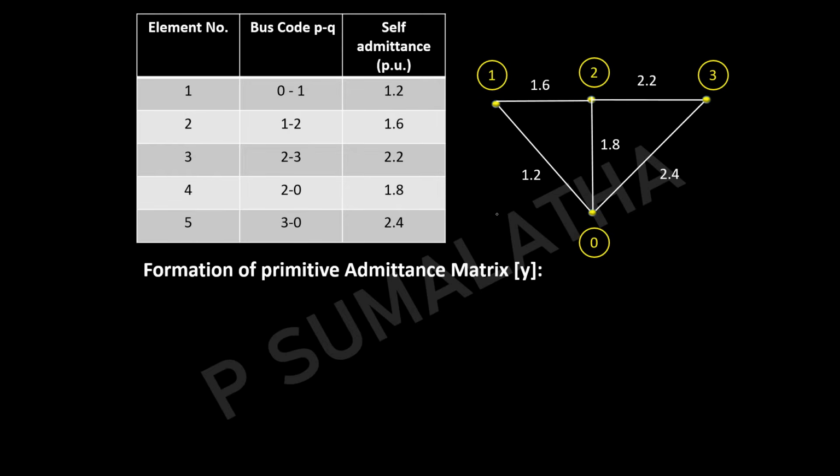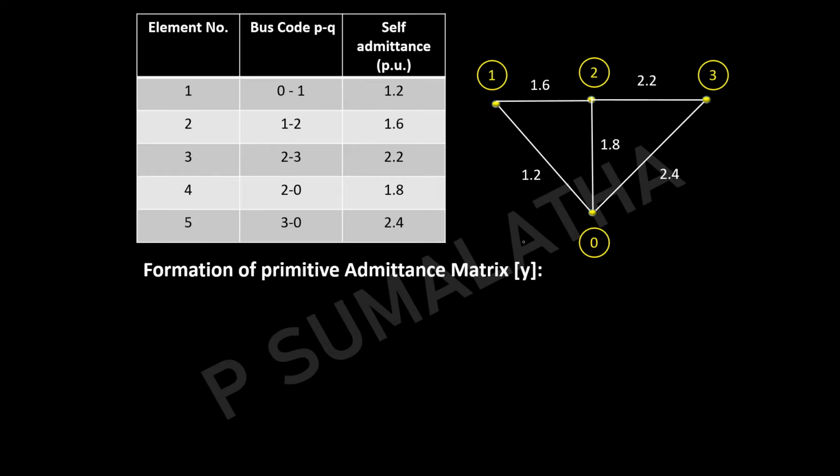Now we need to form the primitive admittance matrix y. We know that the primitive admittance matrix is formed between the number of elements to the number of elements. So let us take that. Always the primitive admittance matrix will be represented by small y. This differentiation is very important in load flow studies.